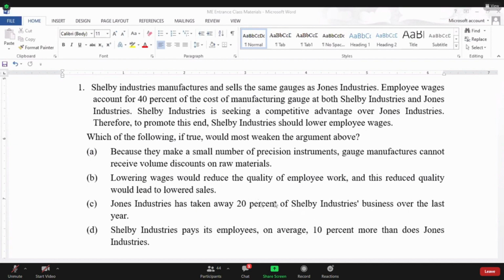And this reduced quality would lead to lower sales. Then there won't be a good product, and the sales will automatically be low. So this indicates that in order to meet this objective, Selva Industries should not lower employee wages. So this point weakens the conclusion. It doesn't support the conclusion. Is it clear?